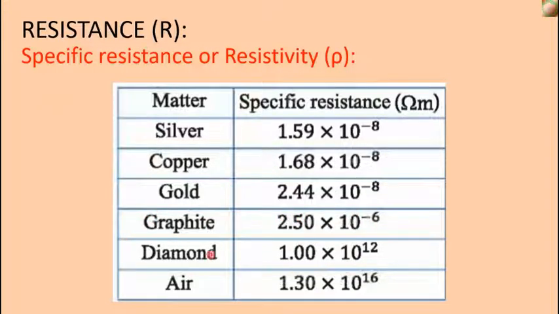And diamond is not a conductor, its specific resistance is very high, 1 into 10 to the 12. Though graphite and diamond are both carbon, two forms of carbon, graphite is a conductor but diamond is a non-conductor. For air, its specific resistance is very high, 1.3 into 10 to the 16. It's a non-conductor.